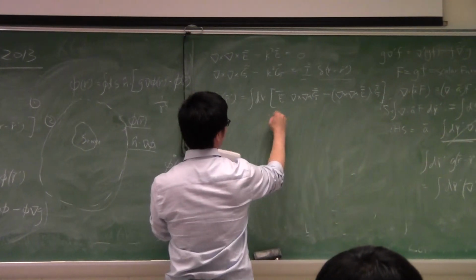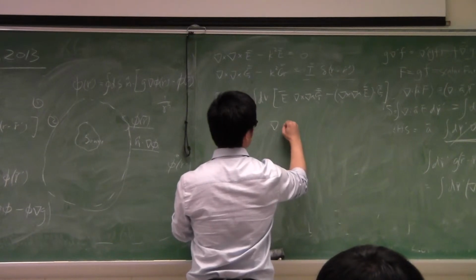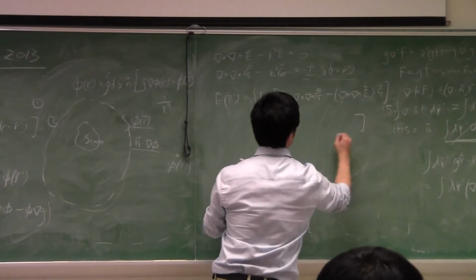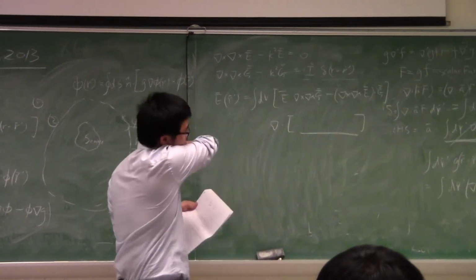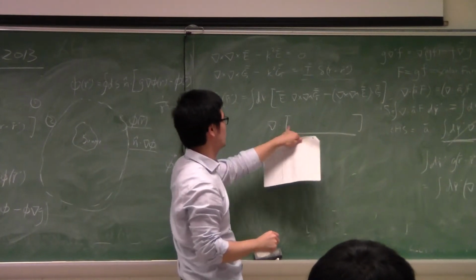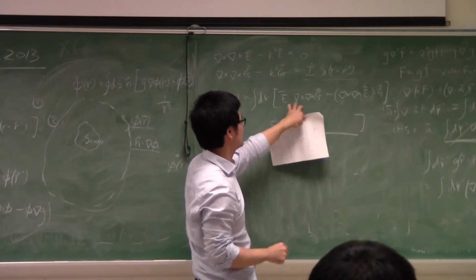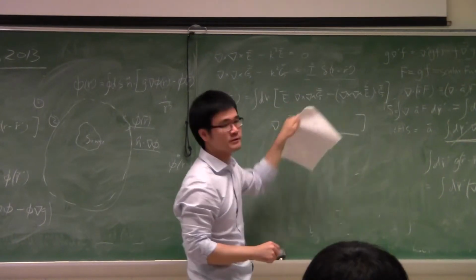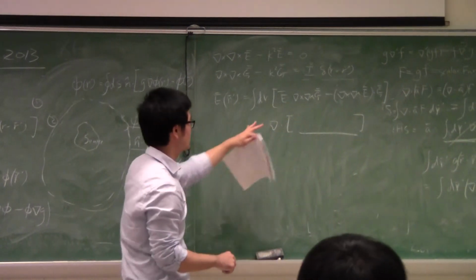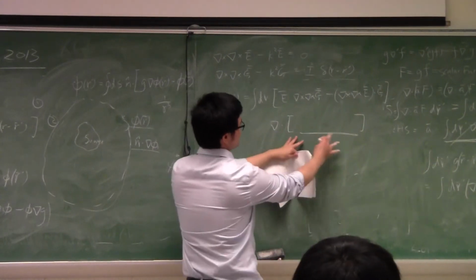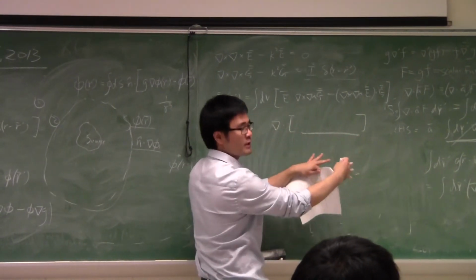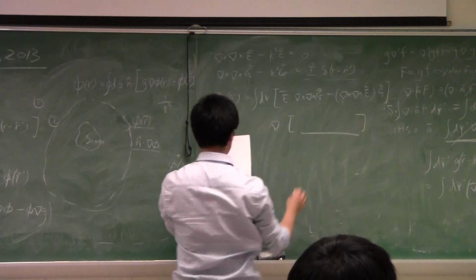And then again I can change this to a gradient of something. Using the gradient of something cross something becomes a dot of del cross something. And then the other term will cancel out. So basically this will generate 4 terms, and 2 of them will cancel out, and the other 2 will become like this.